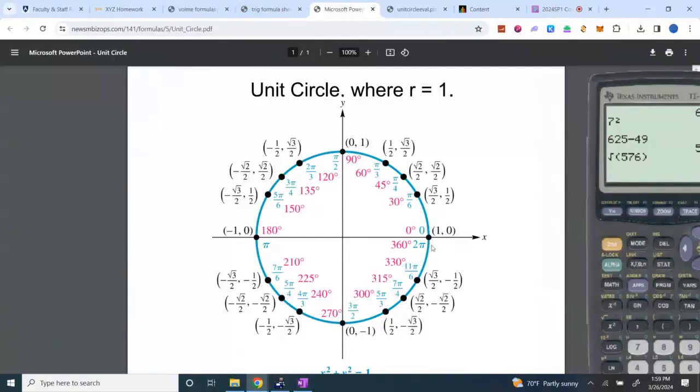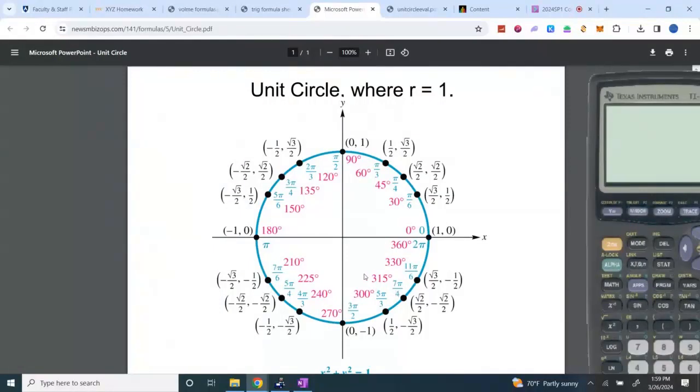So if you look at the unit circle, we have degree measures. If you look at the far right, notice that you have 0 degrees. And then if you go in a counterclockwise direction, you have 30 degrees. And then you see that pi over 6. That's actually a radian measure, which we don't use in this course. We use degrees.